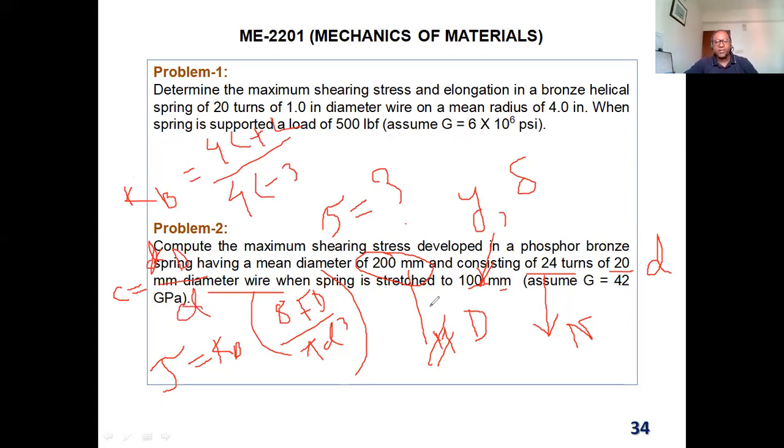So big D 200 millimeter, small d 20 millimeter. So you can figure out the Kb. But force is not given. So at first we need to figure out the force. Then you put all the data over here, you can figure out the tau. So let's see how we can solve it.